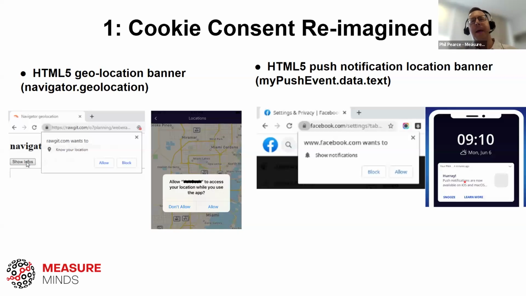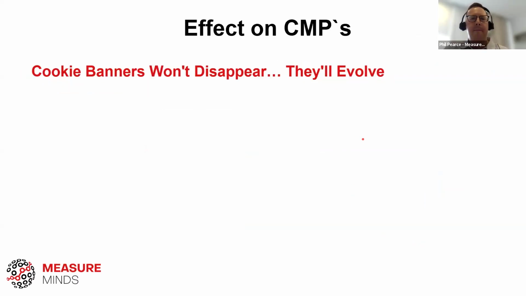So that's what I'm expecting, something like that for these proposals, although as far as I'm aware, I've not seen a working model of an update to WebKit to see what this actual consent banner may or may not look like. So these are just examples of what currently exists, which is the closest thing to it.